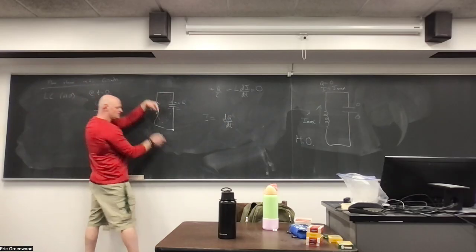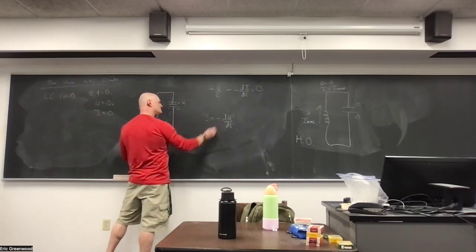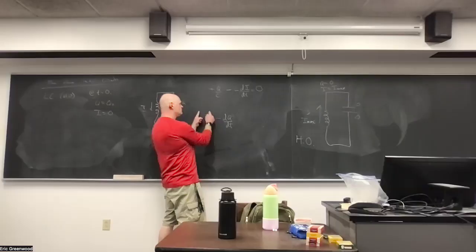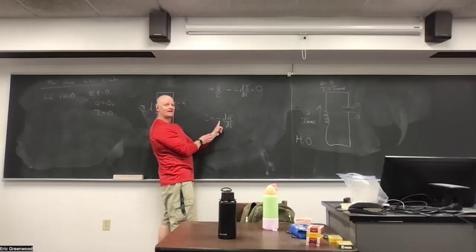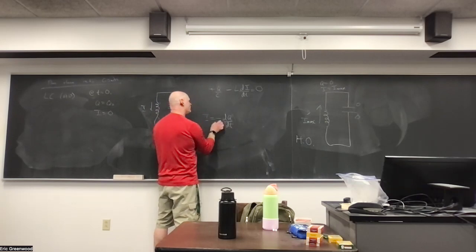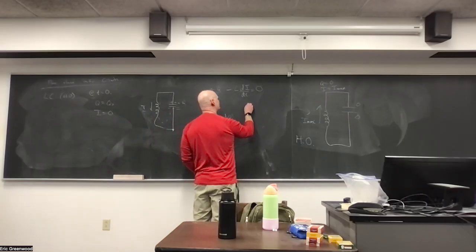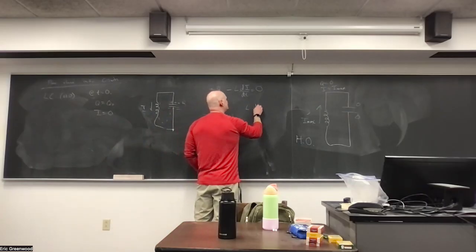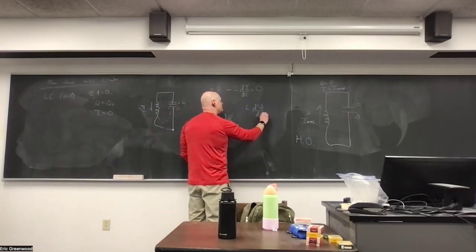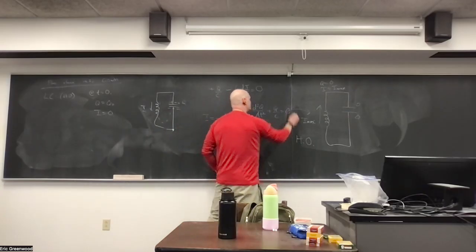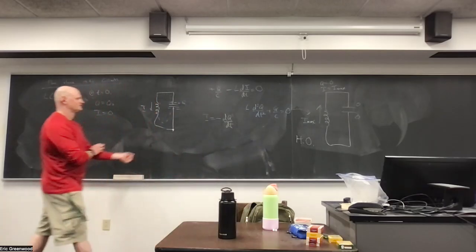It's increasing, which means that we have to actually throw a negative sign on there, because as this guy is decreasing, this is going to be a negative. But this guy is increasing, which means we need an extra negative to make that guy a positive. Okay? So as this guy gets smaller, this guy is getting bigger. So let's plug that in here. So finally, this guy's going to become L times the second time rate of change of the charge plus Q over C is equal to 0.